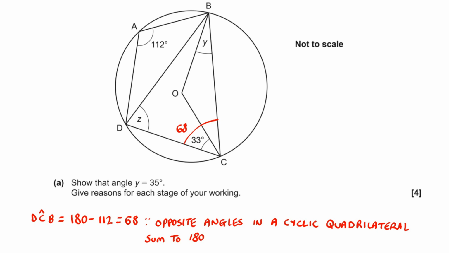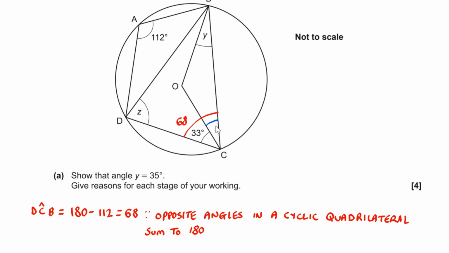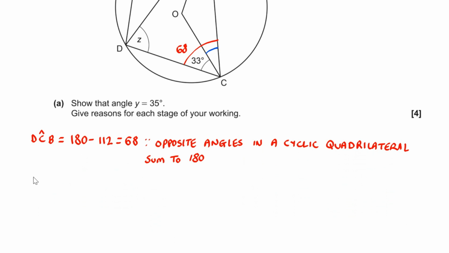And now what we can do is find out the angle BCO. So we can find out what this angle over here is, the angle BCO. That's therefore equal to the 68 take away the given angle of 33 here.